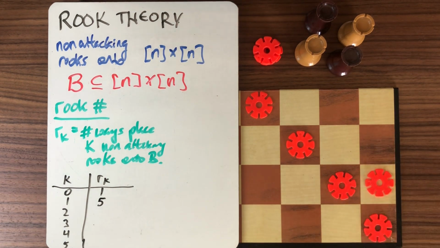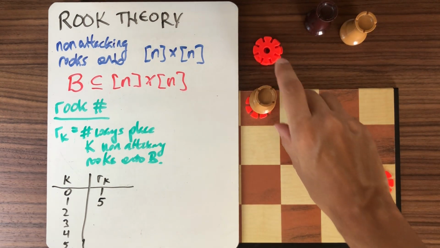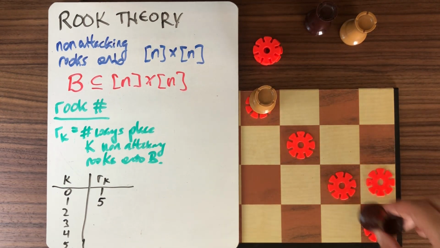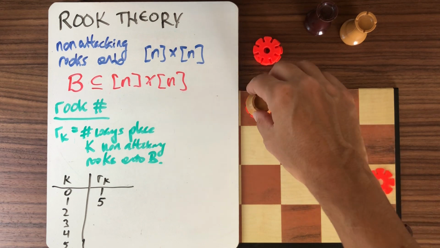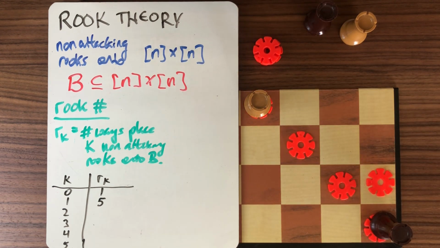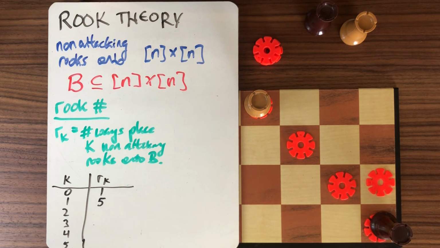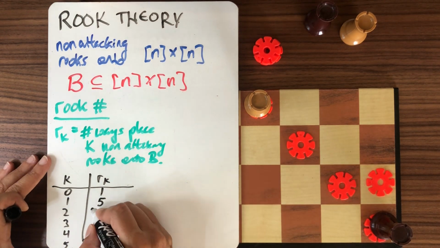How many ways can I place 2 non-attacking rooks? So there are lots of ways to do it, right? I can sort of think about this and this and this, and if I move this one around. So we could think about it in a couple different ways. We could think about just choosing 2 elements out of B and then subtracting the ones that we don't want to take. And maybe that's the right way to think of it, as sort of an inclusion-exclusion. So I have 5. So ostensibly, I get 5 choose 2, right?